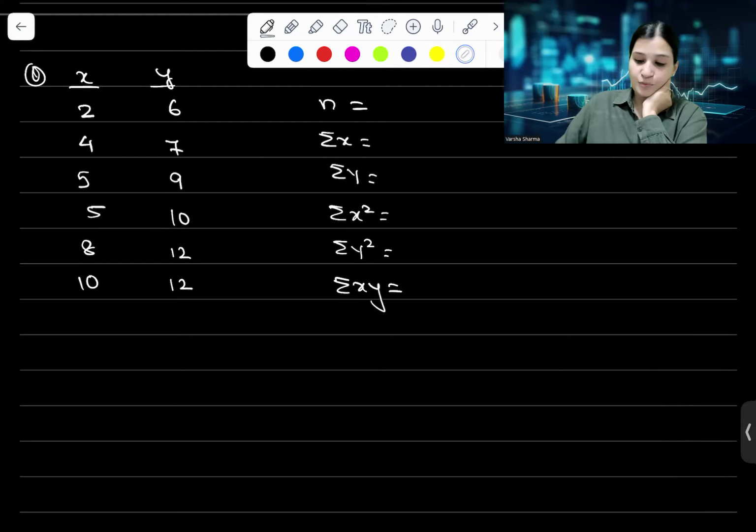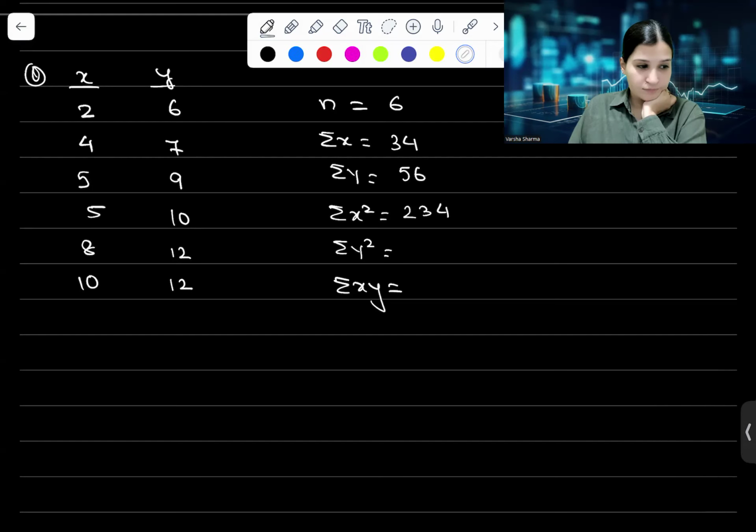So n, there are 6 observations. What is summation x? 34. Summation y? 56. Summation x square? 234.